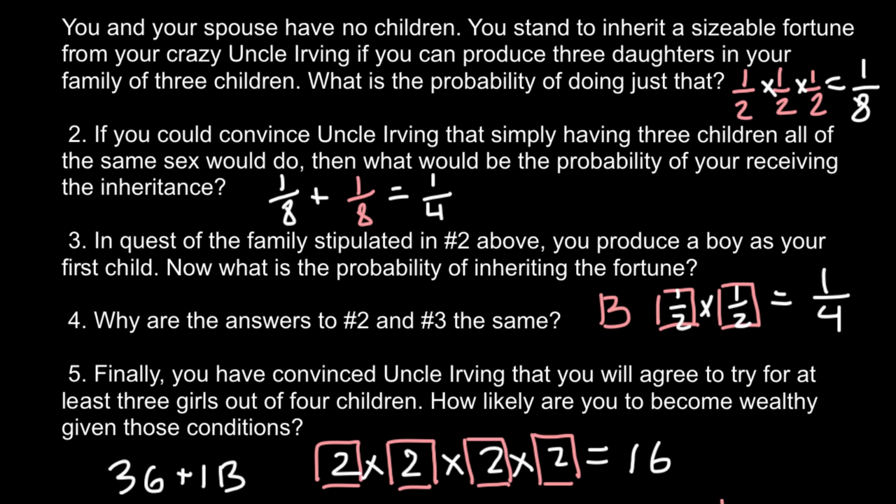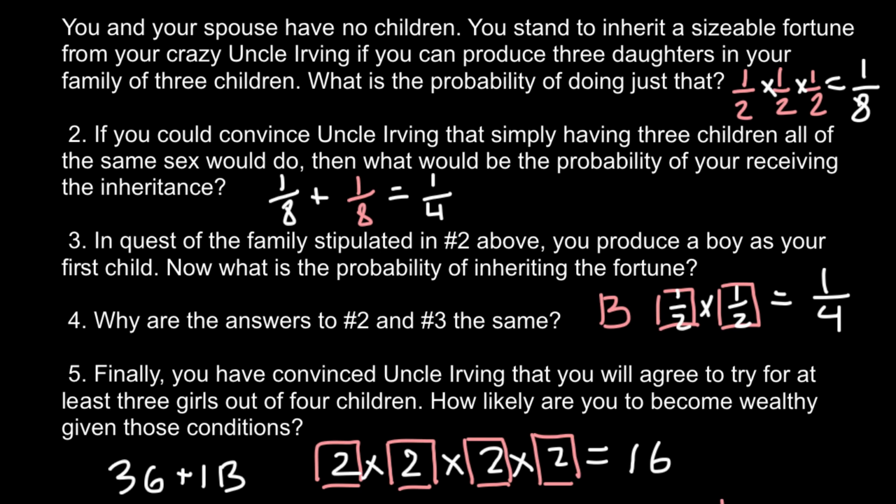I hope my explanation was clear enough. Now you would be able to use the product rule, like in example number 1, and when to use the sum rule, like in example number 2, and when we have to exclude some events that have already happened, like in questions number 3 and 4.